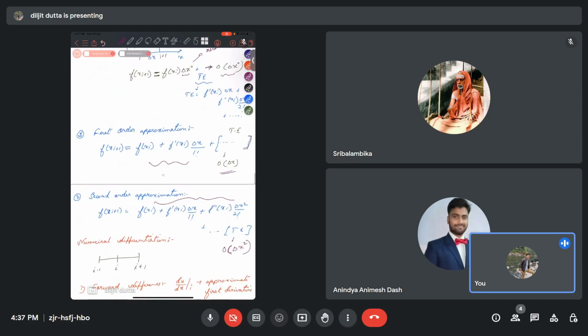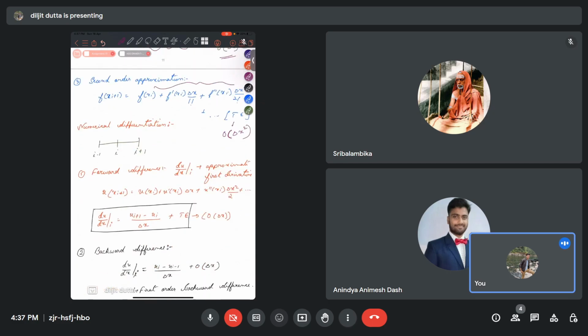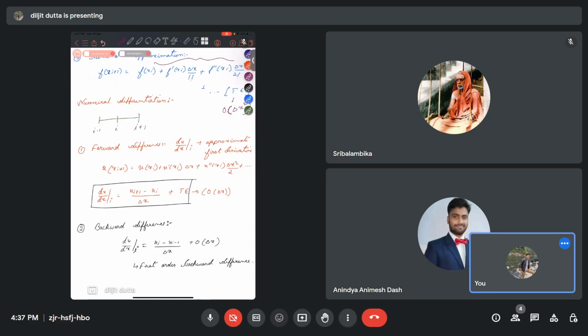So this is how we approximate the Taylor series, and now we will try to get the numerical differentiation scheme. If we have 3 points in the domain, I minus 1, I, and I plus 1, then by forward difference, du by dx at i, that is the derivative of u with respect to x, is not a partial derivative; we are talking about the ordinary derivative.